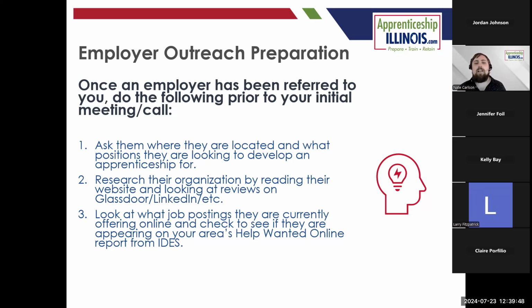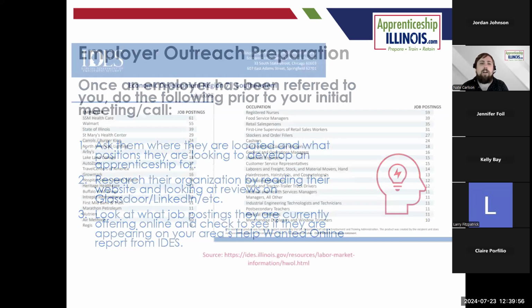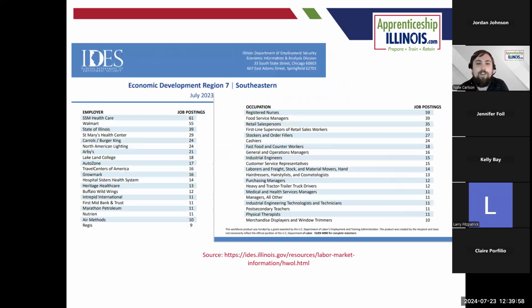And so the Help Wanted Online report from IDES is a hugely valuable resource for doing this research and just finding out what the state of employer needs in your area are in general. So this is an older screenshot, a year old now. But we can see for EDR 7, it shows us who the top employers are in terms of job postings online.